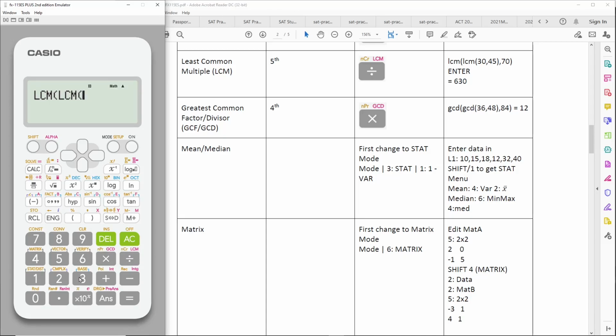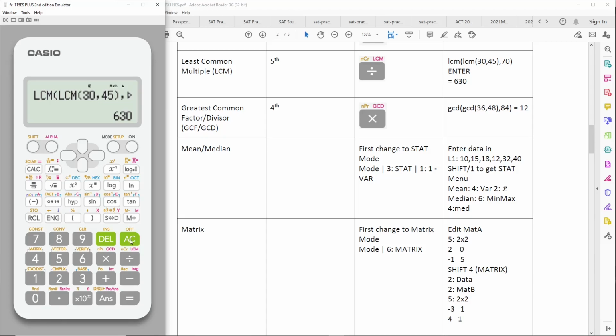Put in my numbers: 30, comma, 45, close parenthesis, another comma, and then 70, close parenthesis, equal, so 630. So the least common multiple of 30, 45, and 70 is 630.